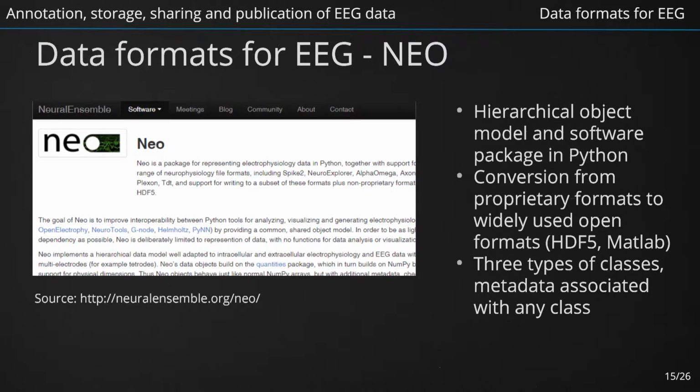The NEO object model represents the basic data objects related to the electrophysiological recordings and provides the other two types of objects that represent a typical structure related to electrophysiological recordings. Metadata are associated to any class and can be thus flexibly added and maintained, but they are not organized in their own hierarchical structure.